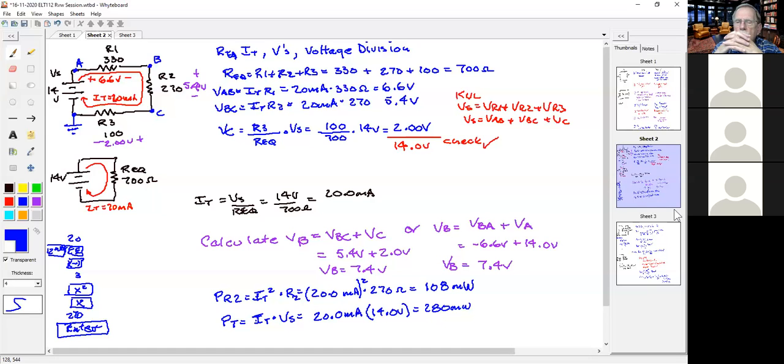What chapters should we read to do the multiple choice? Chapter 4 was power, so if you don't remember the power formulas, that's chapter 4. Chapter 5 is series circuits and 6 is parallel circuits.